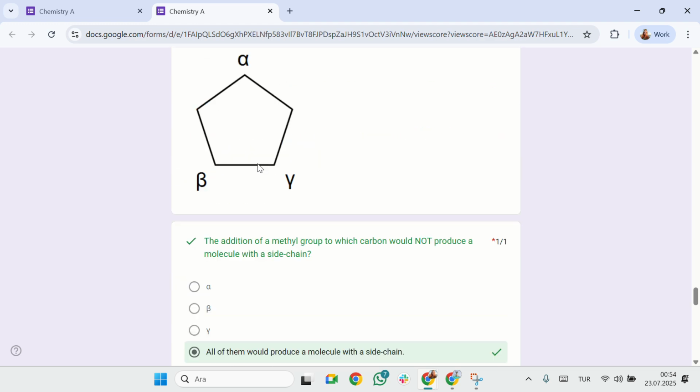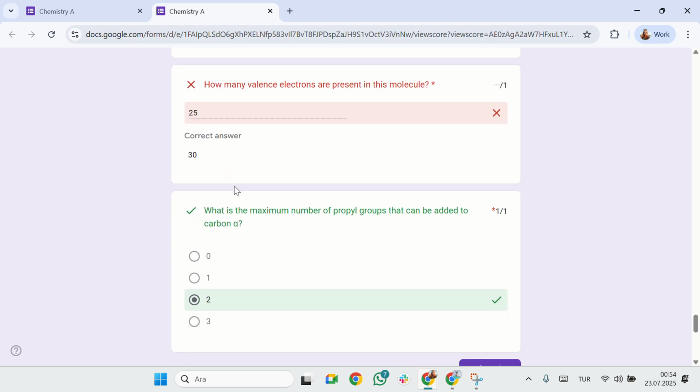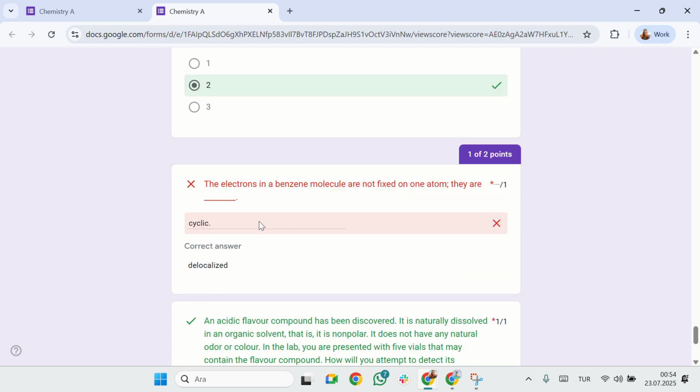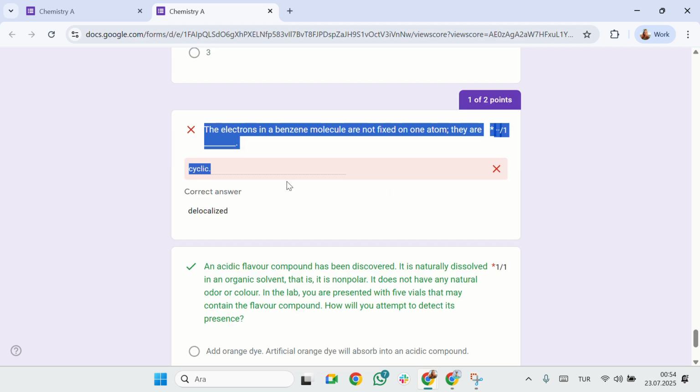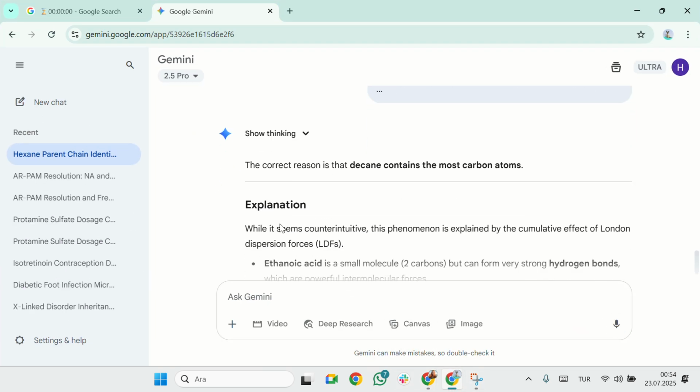Oh, right. 1, 2, 3, 4, 5, 6, 7, 8, 9, 10. Oh, okay. This should be 30 now. I get this. Electrons in benzene are not fixed on one atom. They are delocalized. I have to ask this too. One last thing, and then I will understand everything.